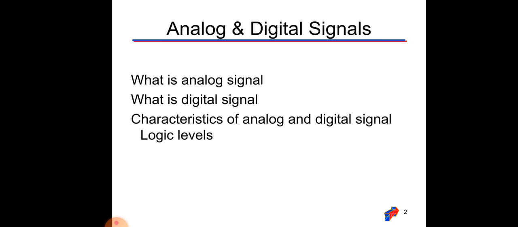Before going ahead, we will see what analog and digital signals are. In many instruments, or in transmission of data from one place to another, a signal is transferred from transmitter to receiver. Previously, analog signals were often used to transfer data, but there were some drawbacks.